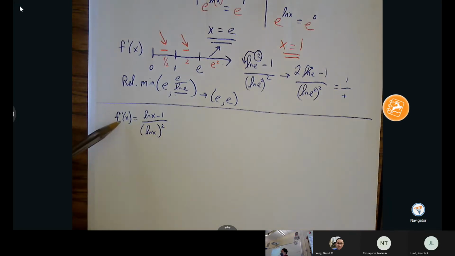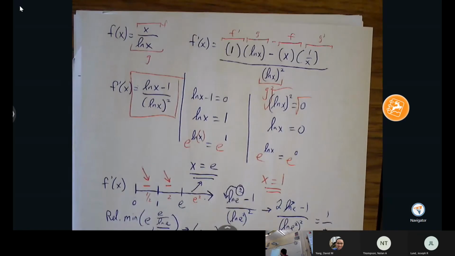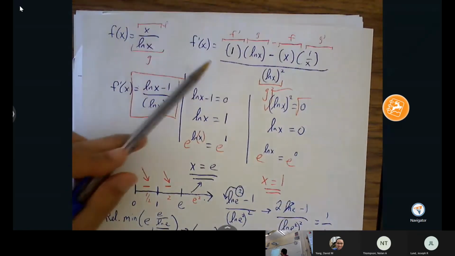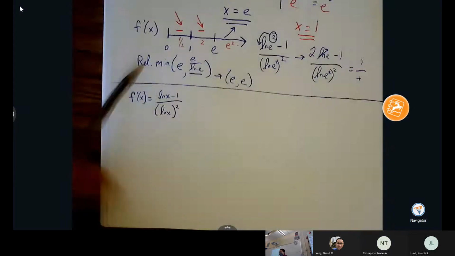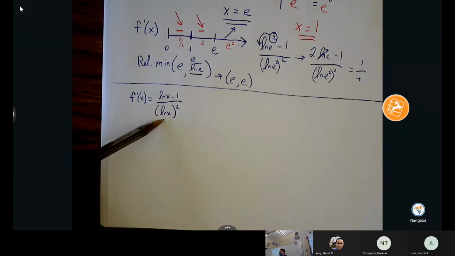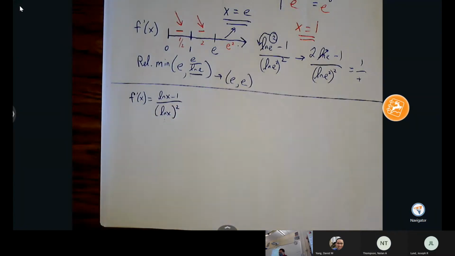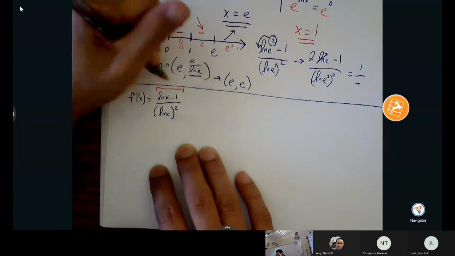If I want to find the second derivative, though, what do we use from f of x to f prime? Quotient rule? Yeah, quotient rule here, right? Numerator, denominator. But there's a little bit of chain rule because of that denominator squared. All right, try that.